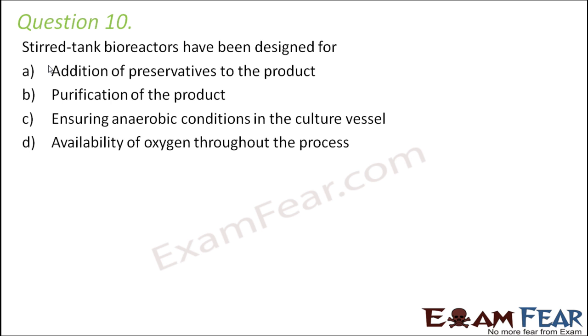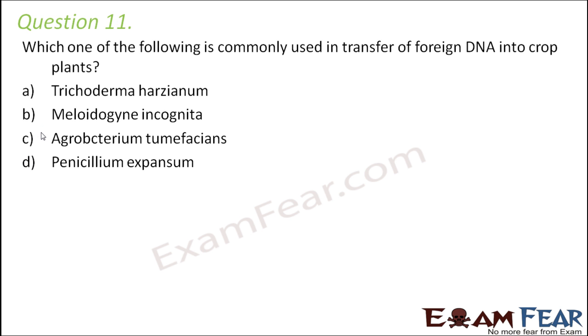And it also ensures that there is oxygen availability throughout. It also has a temperature control system, a pH control system, an oxygen delivery system, and so on. Therefore these bioreactors have been designed in such a way that there is availability of oxygen throughout the process. So D would be the right option.